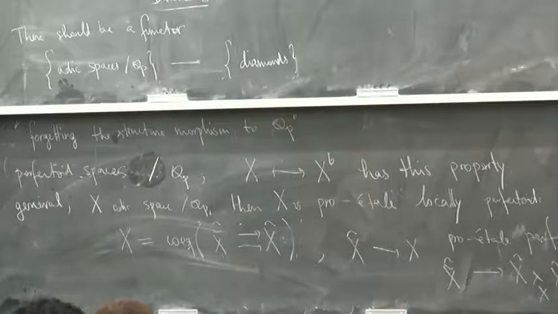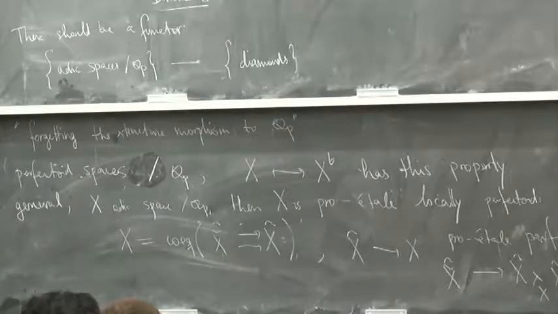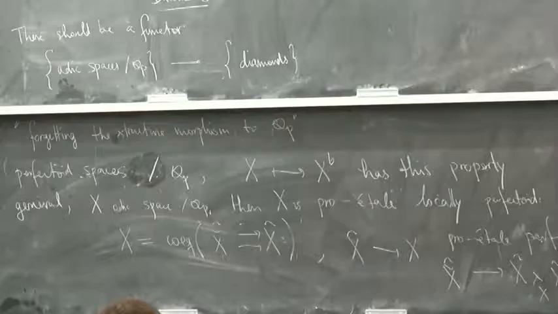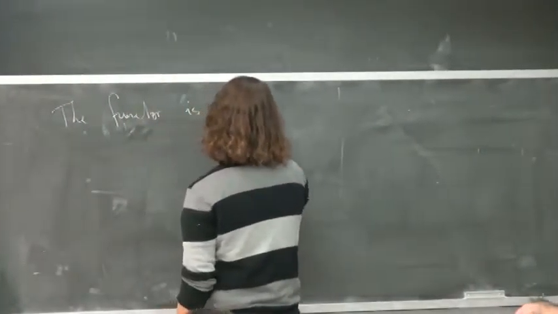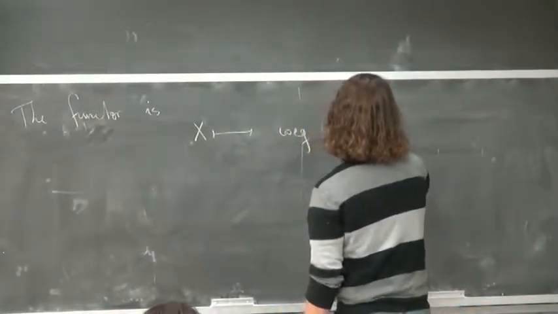There's only motivation so far. I will prove later that this is true. I will recall Kedlaya's proof that if you have a general Banach algebra over QP, then you can find some direct limit of finite étale algebras whose completion is perfectoid. And so it's clear what the functor is: X maps to the coequalizer of the tilt of this diagram.